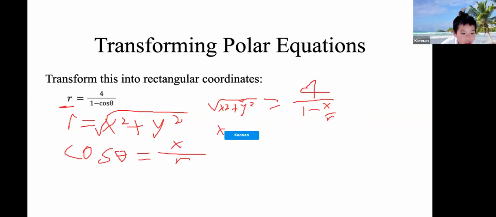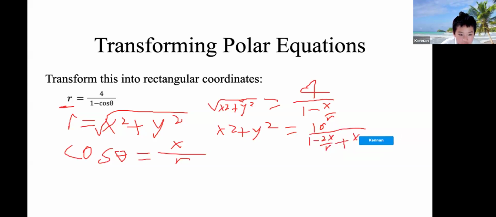So I have x squared plus y squared equals 16 over 1 minus 2x over r plus x squared over r squared.